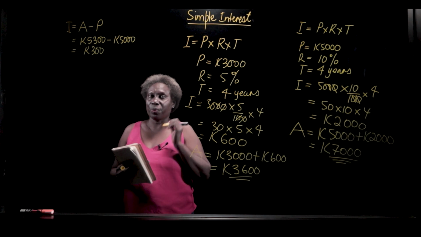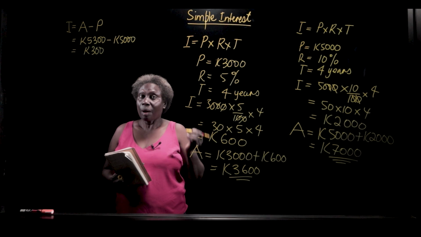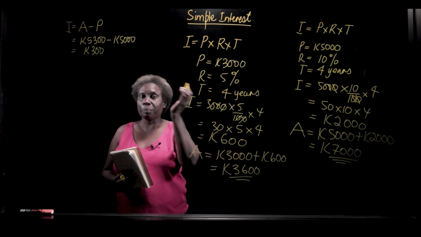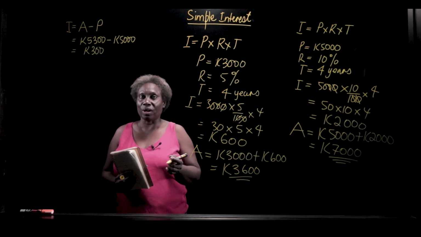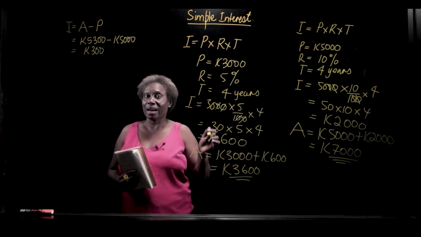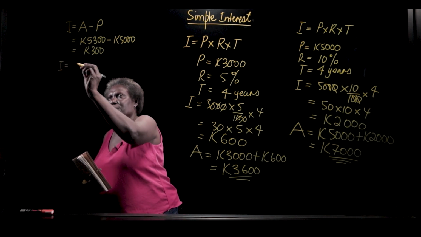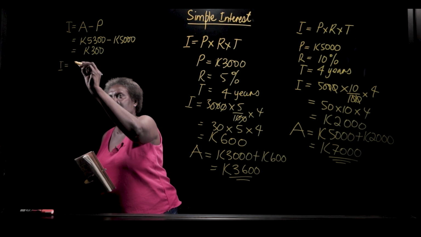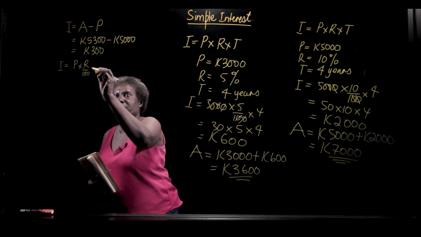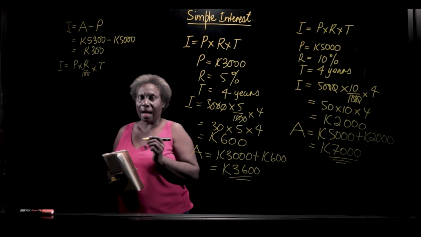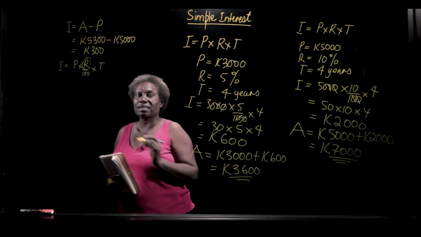Okay, now we are going to use this same formula to calculate the rate, but like what we have done in our previous lesson in algebra, we are going to change the subject of the formula from I to R. So we have simple interest is equal to principal times rate over 100 times time.